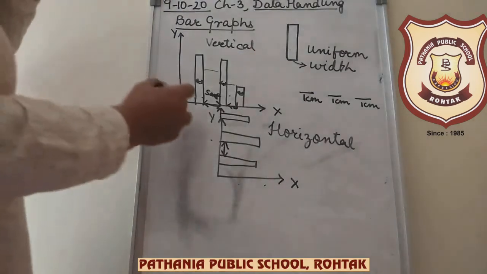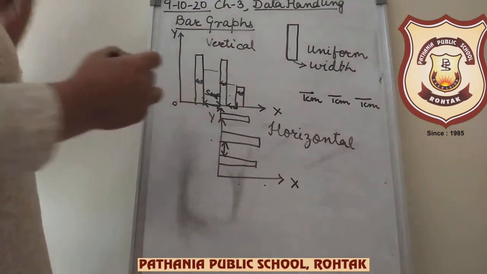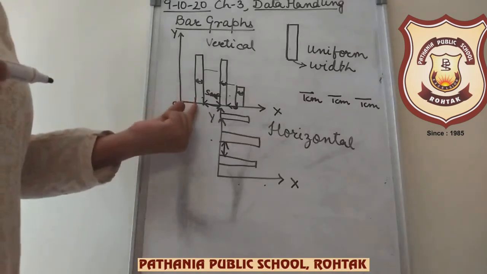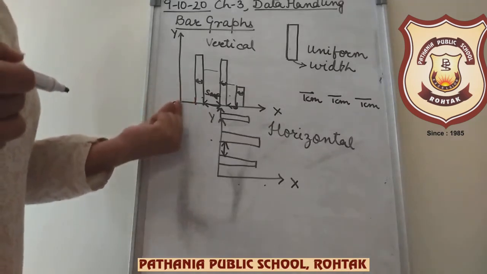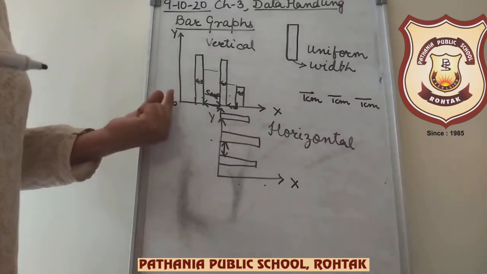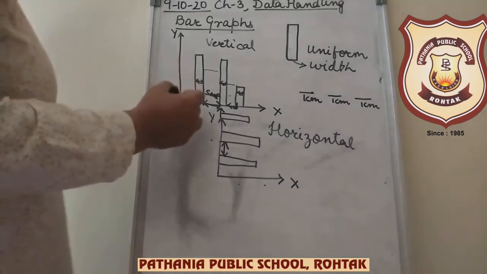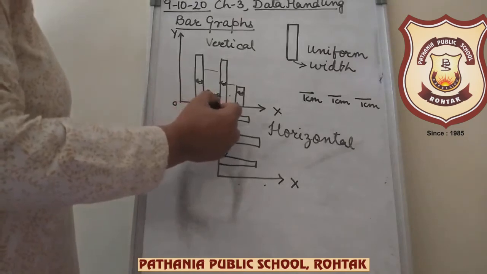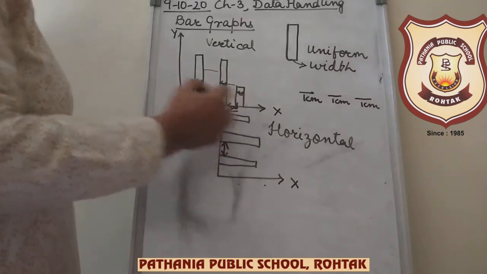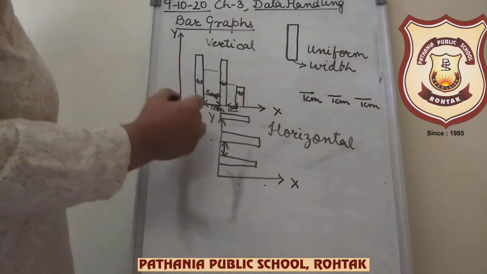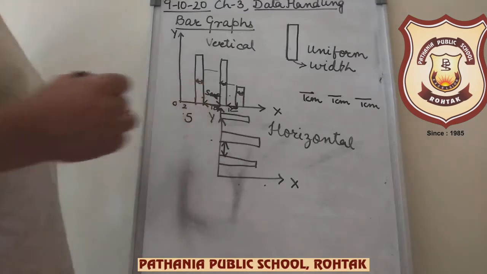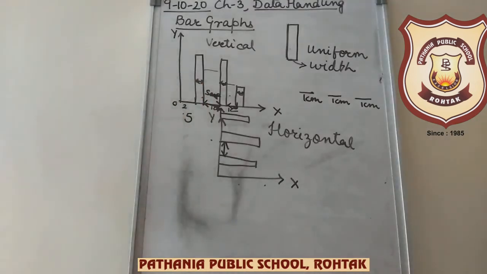And the gap between the first bar and the axis line can be any gap. Suppose here I am taking 1 centimeter, here you can take 2 also, you can take 0.5 also, it is up to your choice. Clear?